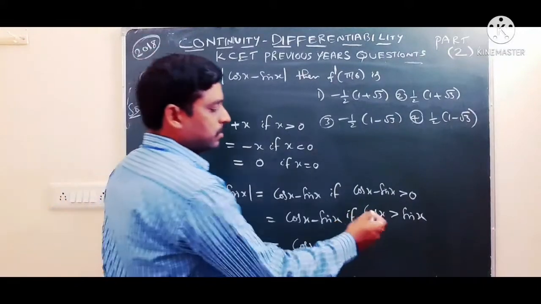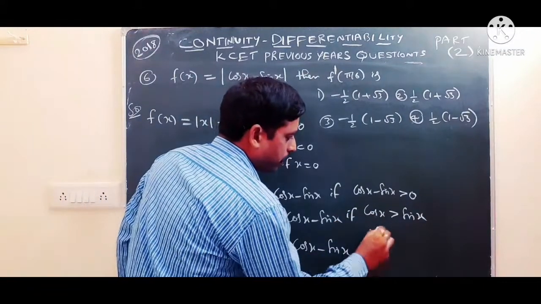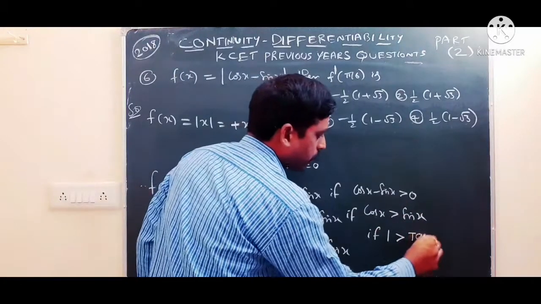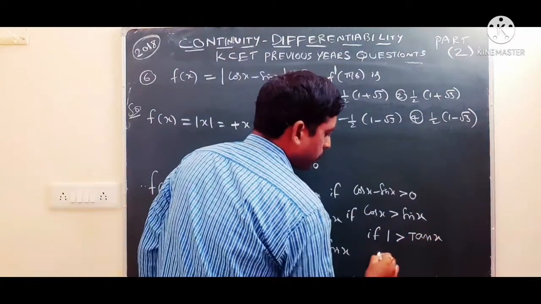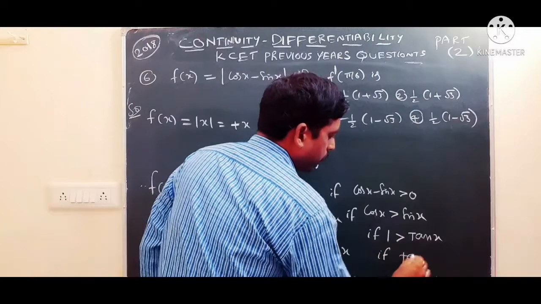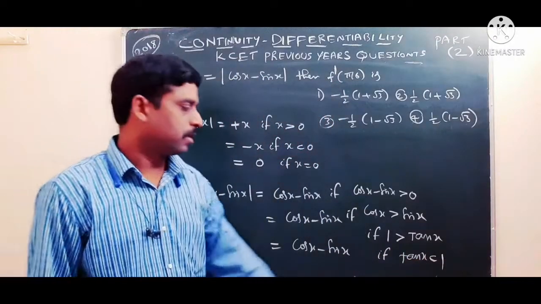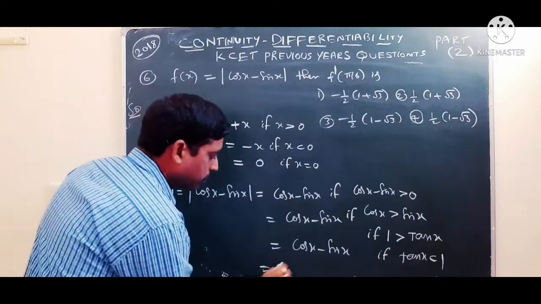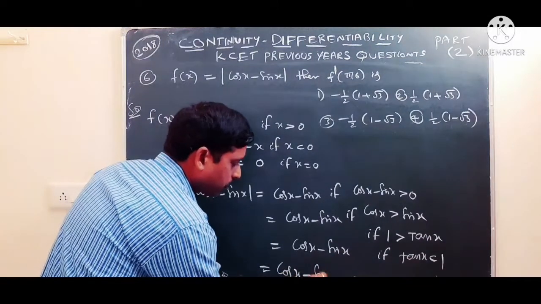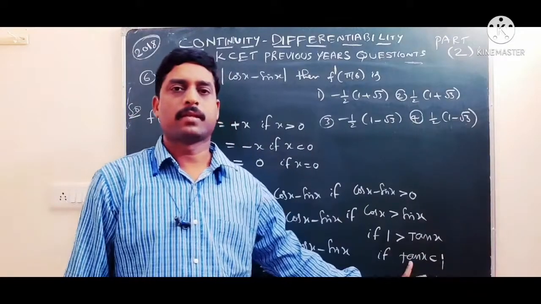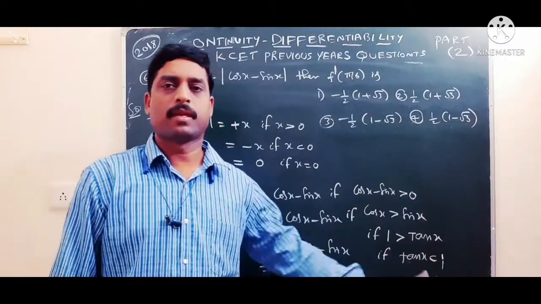This will be 1 greater than sin x by cos x, that is tan x. So tan x is less than 1, which means x is less than pi by 4.